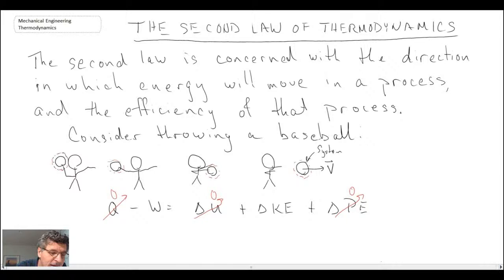So what that leaves us with for the first law is the following expression. We can write that the work done on the system is equal to the change in the kinetic energy.